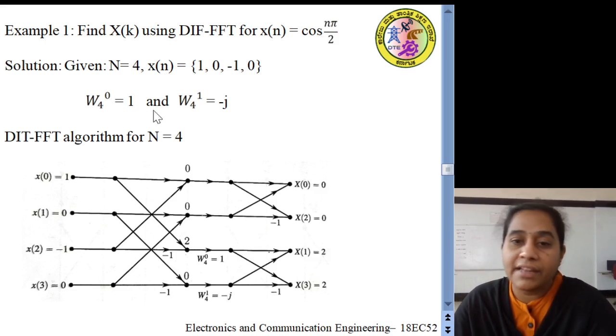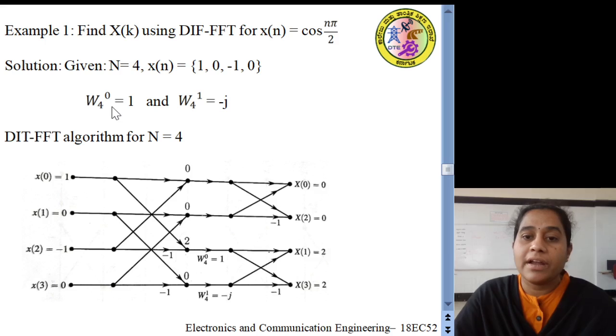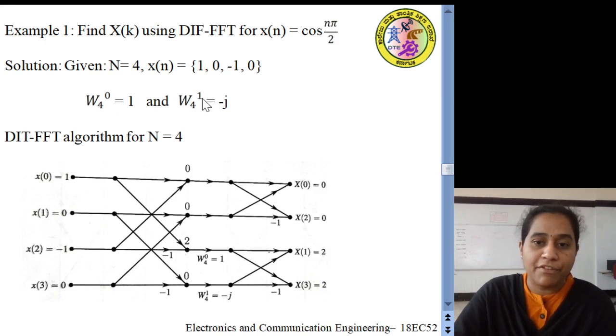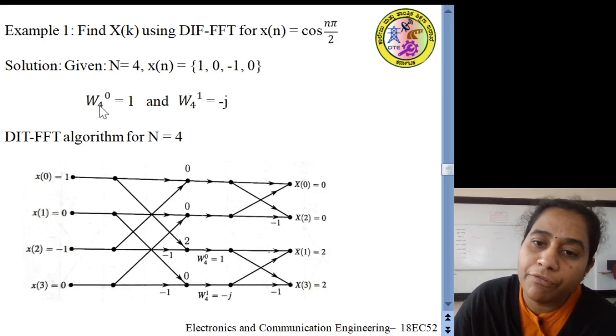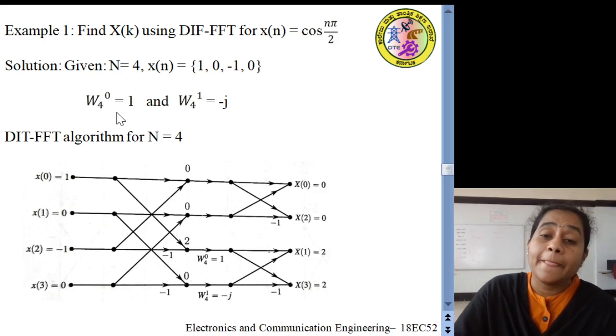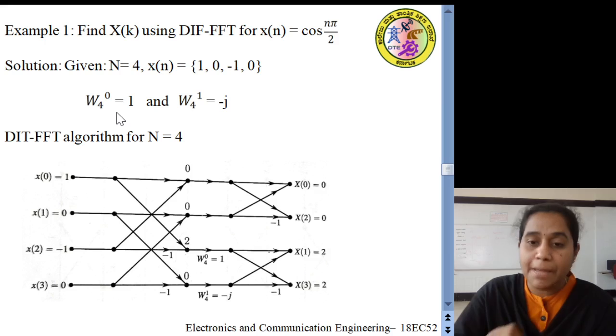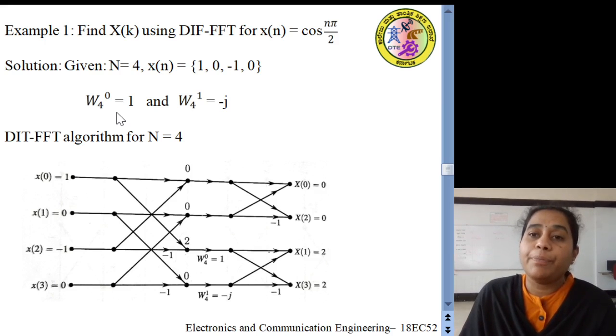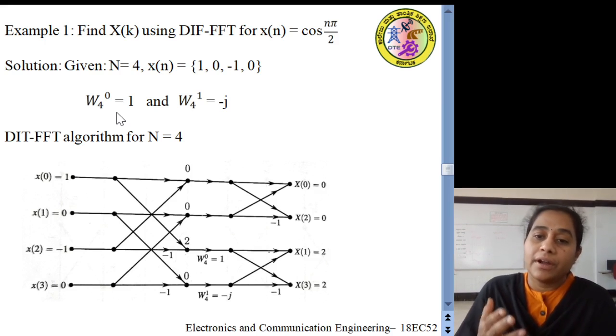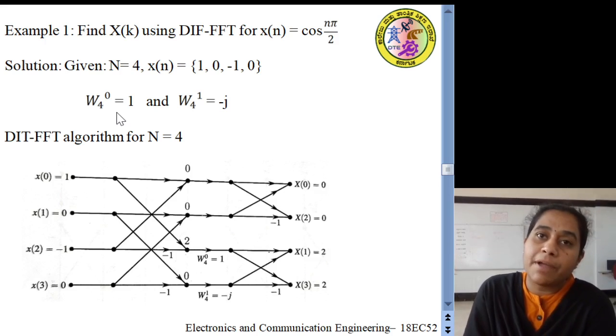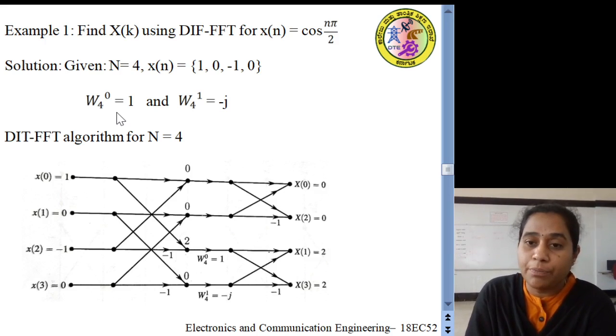And we require the twiddle factors W4 raised to the power of 0 as well as W4 raised to the power of 1. W4 is nothing but W_N, that is e power minus j 2 pi by 4. So it is cos 2 pi by 4 minus j sin 2 pi by 4.